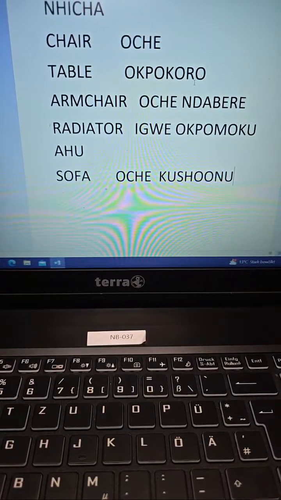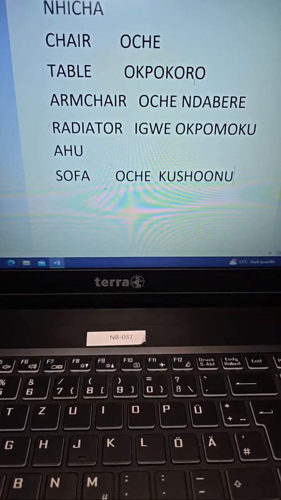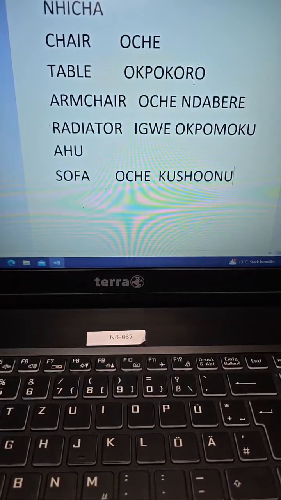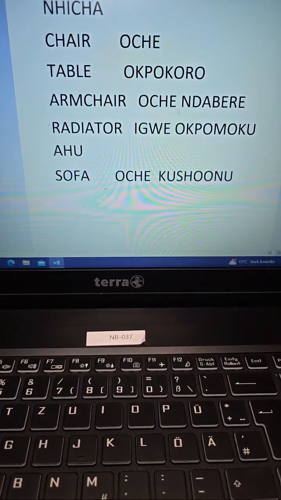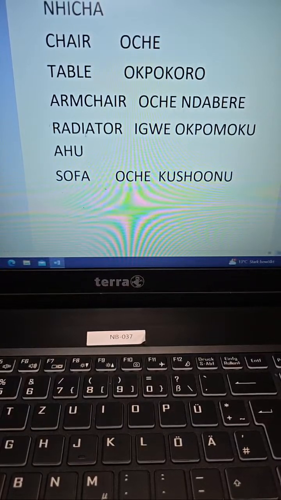Table, something like ball, you say ball. But the main Igbo word is okpokoro. Armchair, oche ndabere.